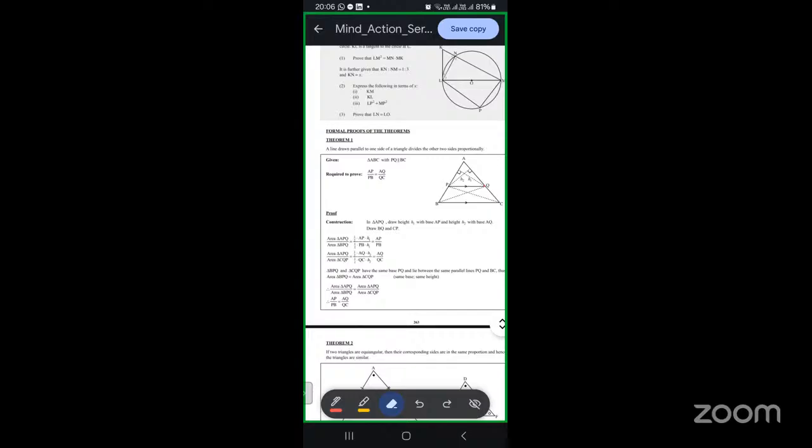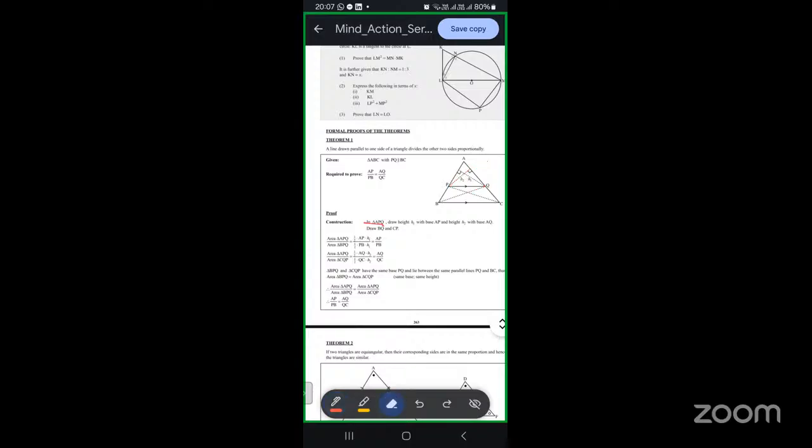Now we can write. You start your proof with the construction: in triangle APQ, draw H1. It doesn't matter whether H1 is this one or this one, or whether H2 is this one or this one.